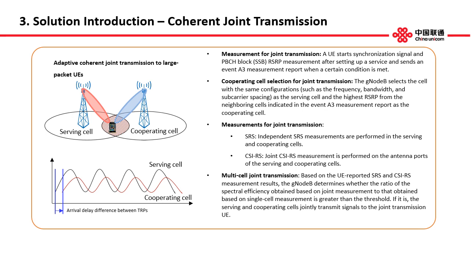Finally, multi-cell joint transmission, based on the UE reported SRS and CSI-RS measurement results. The NodeB determines whether the ratio of the spectral efficiency obtained based on joint measurement to that obtained based on single-cell measurement is greater than the threshold. If it is, the serving and cooperating cells jointly transmit signals to the joint transmission UE.